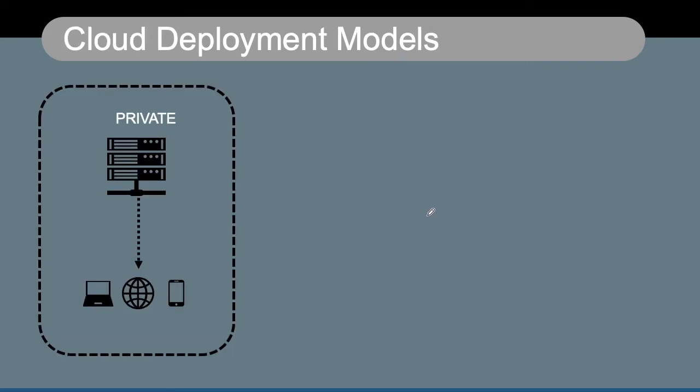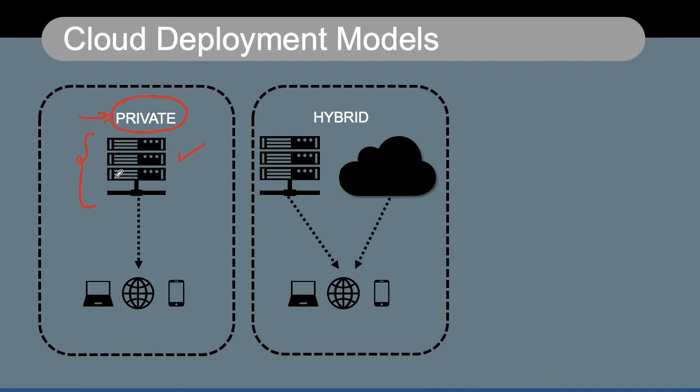In case of private cloud, the network infrastructure and the hardware infrastructure are managed by one particular organization. That organization has its own cloud which is used only for its own purpose. This is not available for other organizations and other users. In case of hybrid cloud, the organization uses some on-prem data centers as well as some cloud capabilities, so they are relying on both.